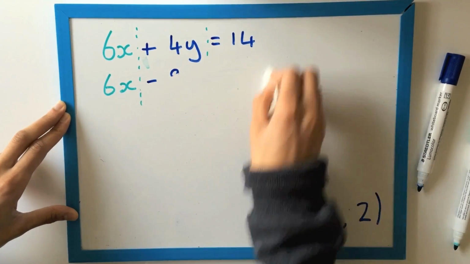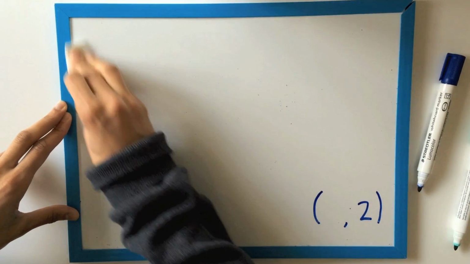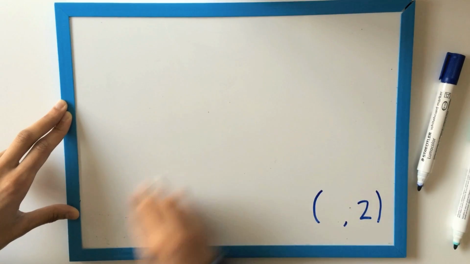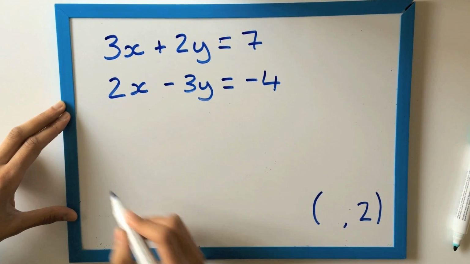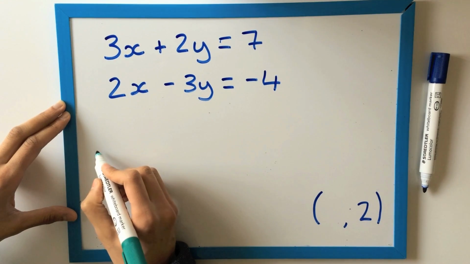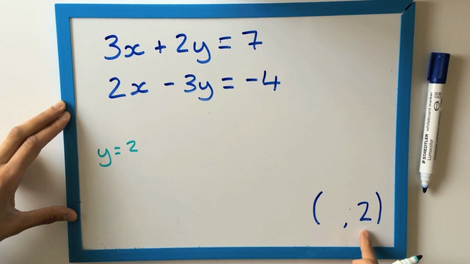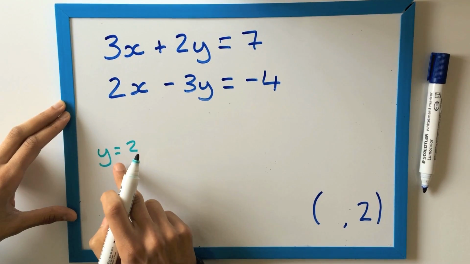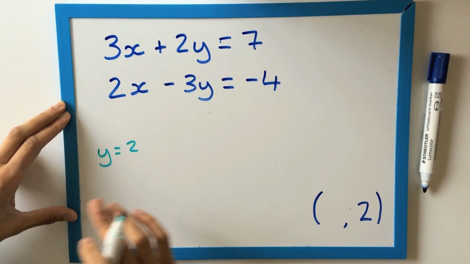Now the next step is to simply find the x point of the intersect of the two lines. Since we have our y point, which is 2, we simply need to substitute y into any of the two equations to get our x term.